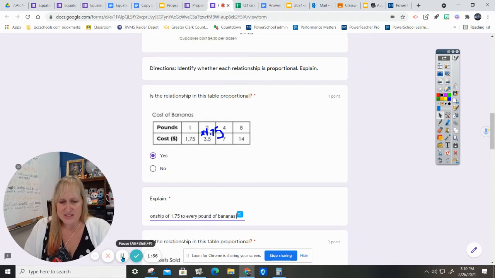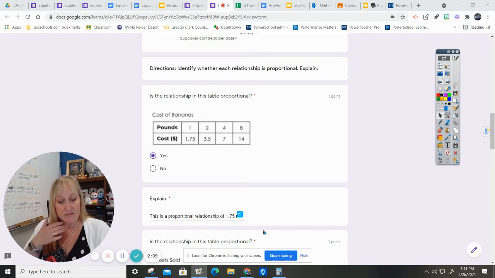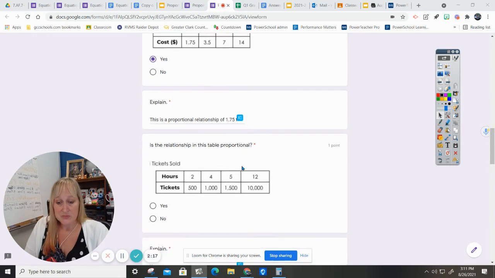I realize that you guys can't see that, so give me just a second. All right, so I think you can read it now. Maybe not. So what it says is this is a proportional relationship of 1.75 to 1 pound of bananas. So hopefully you've got that, and it will help you.